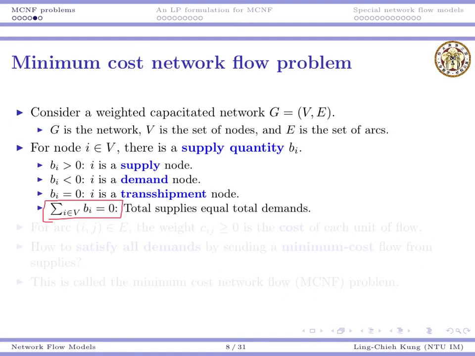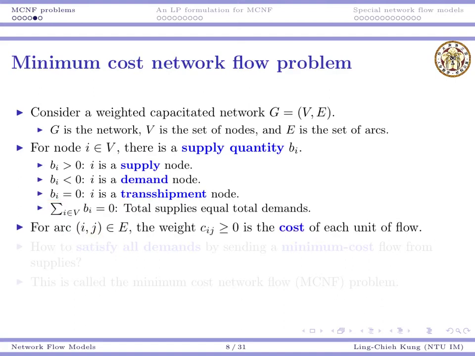But it's not a very strict assumption, because there are always ways to translate a problem whose total supply does not equal total demand into this situation. We will also see examples, but keep in mind, when you are asked to formulate a minimum cost network flow problem, you need to make sure that the sum of supplies equals the sum of demands, so that for each unit, there is a starting point and a destination point. Nothing will be wasted.